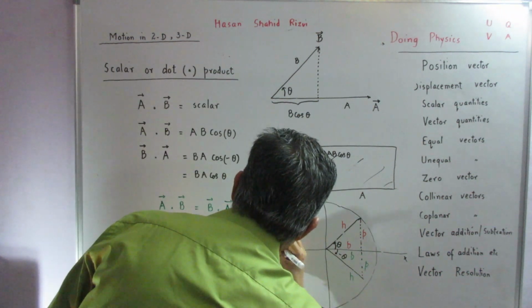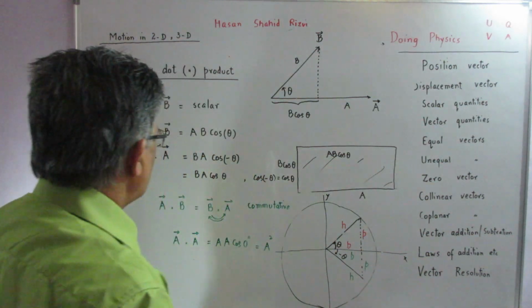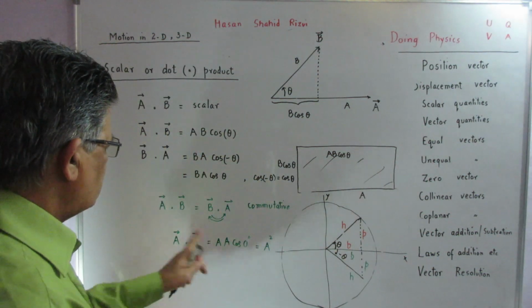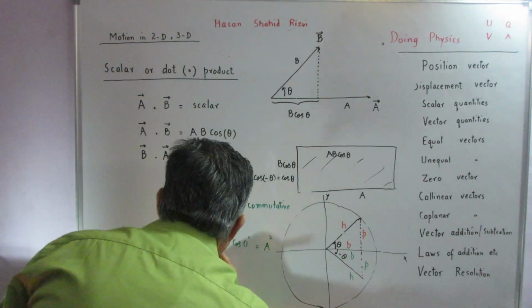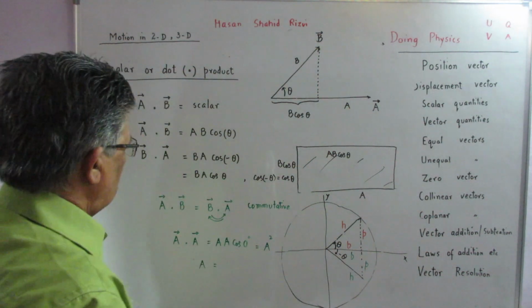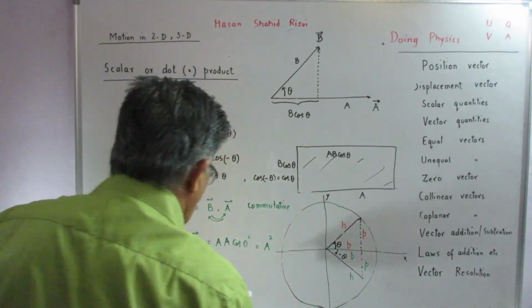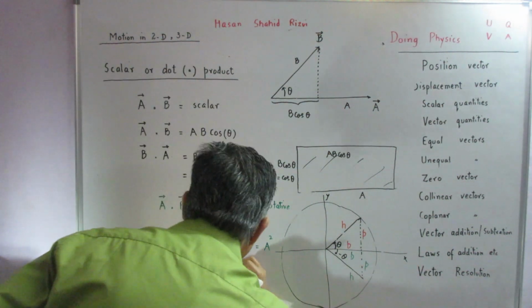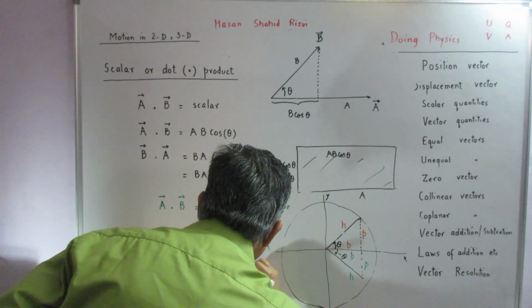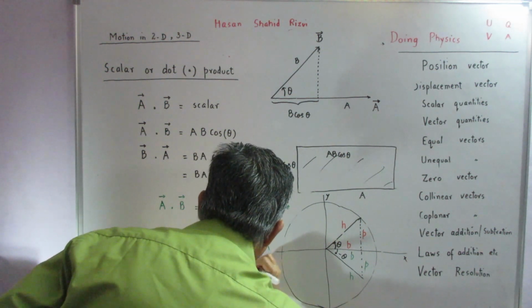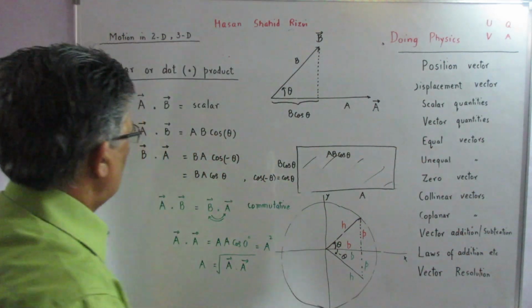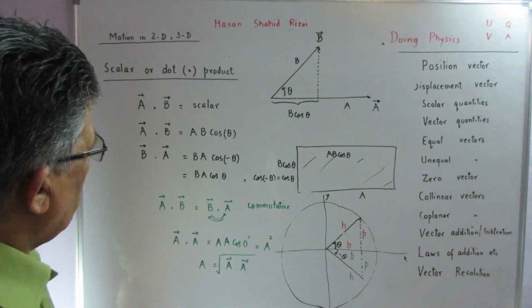So I have a relation now to ponder: A square is equal to A dot A, or my A is related to the dot product of two like vectors of the same magnitude, the same family, as vector A dot vector A under root. Okay, so this is one thing.